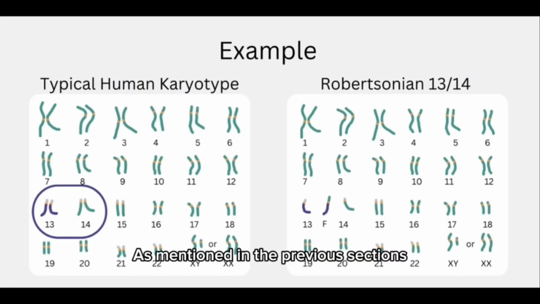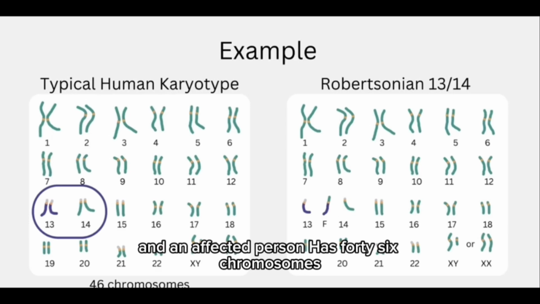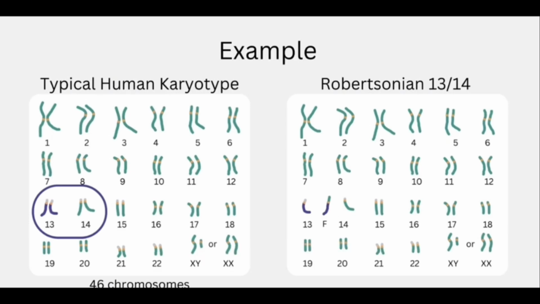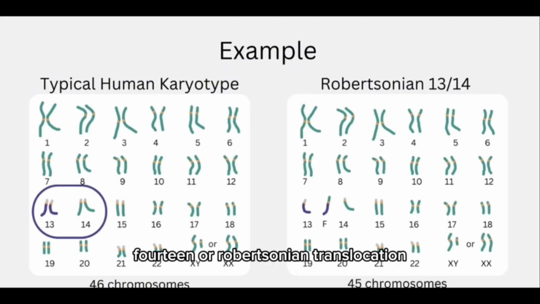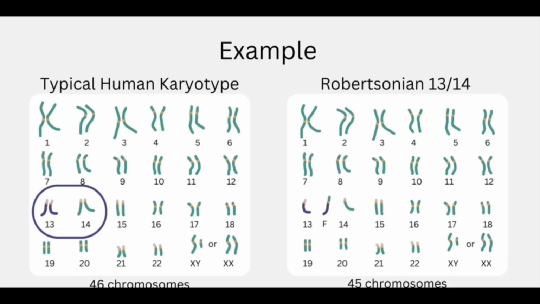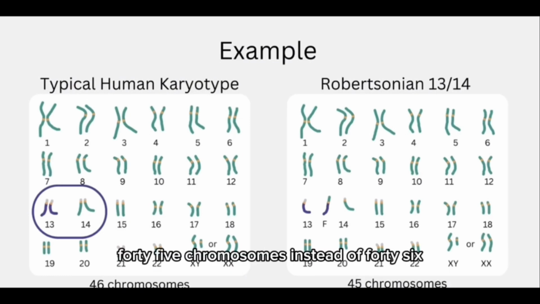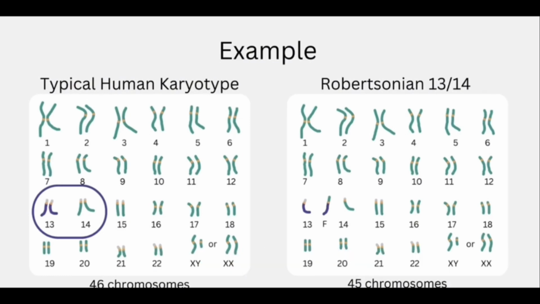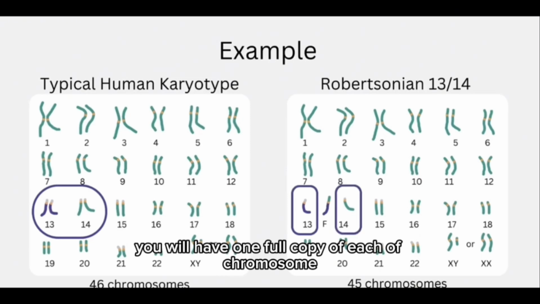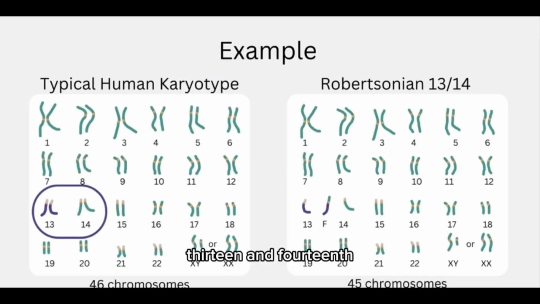As mentioned in the previous sections, an unaffected person has 46 chromosomes. As you can see here, if you are a carrier of a 13;14 Robertsonian translocation, you will have 45 chromosomes instead of 46. You will have 1 full copy of each of chromosome 13 and 14.